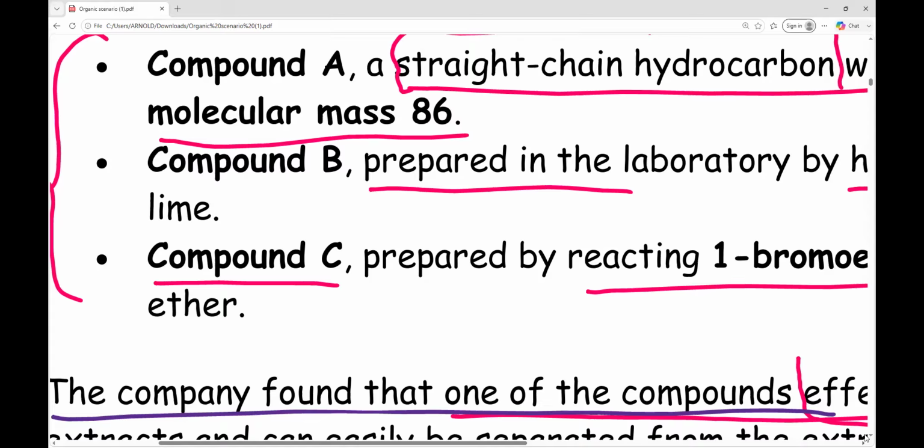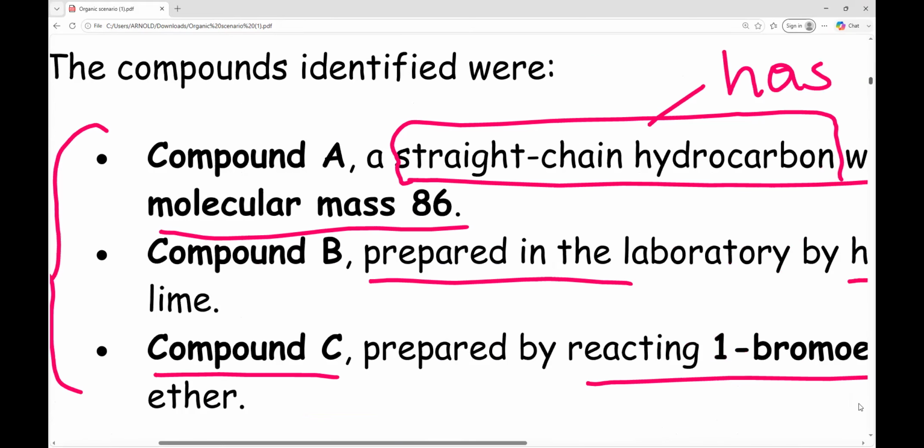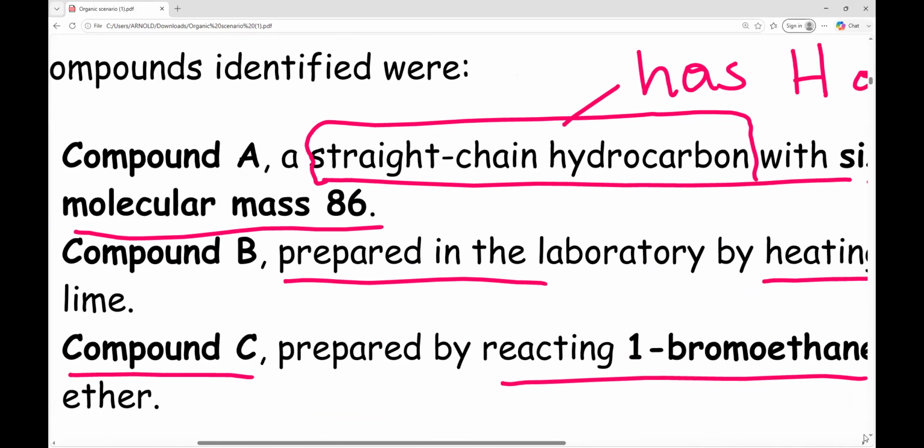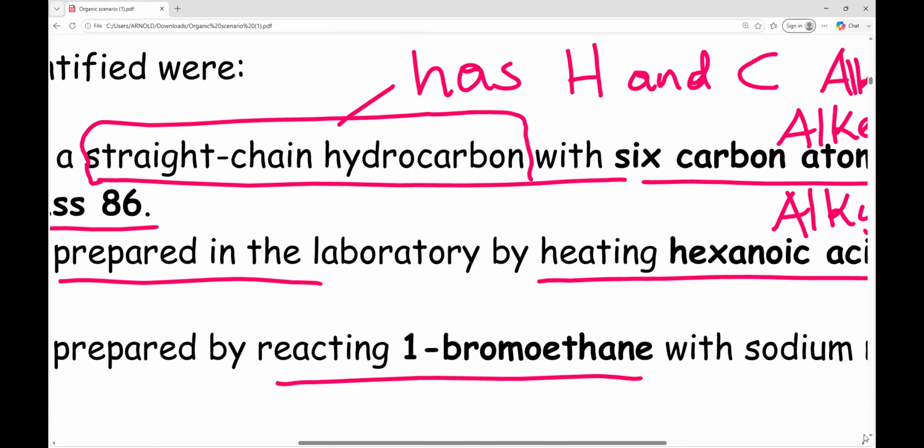Hydrocarbon means that this compound is constituted by two elements, hydrogen and carbon. There's nothing else. So compound A has two atoms, which are hydrogen and carbon, as highlighted there.